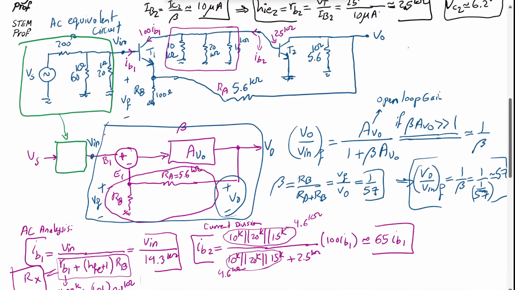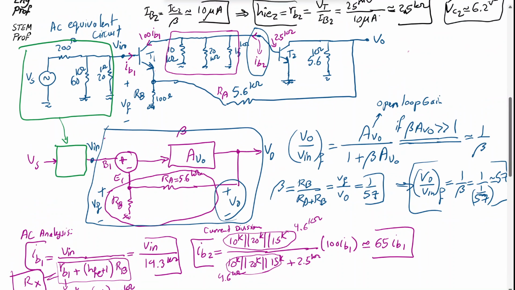Okay, but this IB2, with the direction we found, results in a current that goes this way, because it's coming out of the base. So this becomes IC2, which is 100 times IB2. But that can only go through the combination of whatever resistance we are seeing this way.